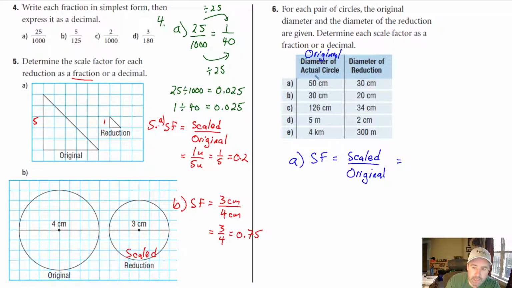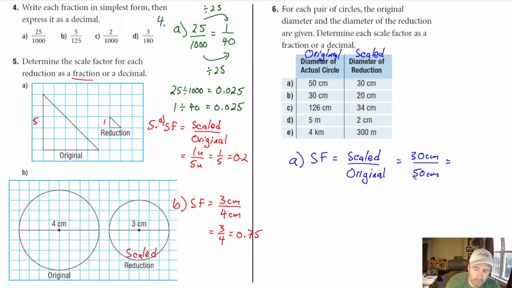They're saying this is the actual circle and this is the reduction, so this is our scaled. So original is 50 and the scaled is 30 centimeters, so the scale factor would be 30 centimeters over the original length, which would be 50 centimeters. And if we divided that out, centimeters per centimeter will just go away.